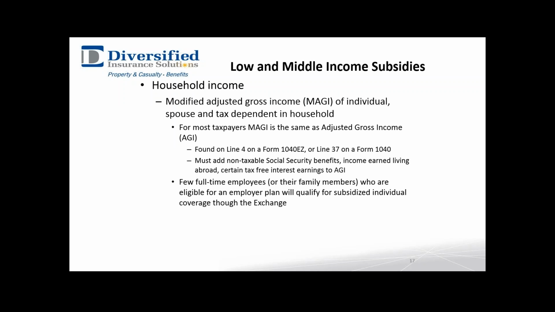And so if you're working and a spouse is working and you have a dependent that you claim as a dependent, and they work over the summer and make $3,000, that would be added in. That would all be tied into this household calculation of income to determine where you fit on that range of 100 to 400% and how that works.